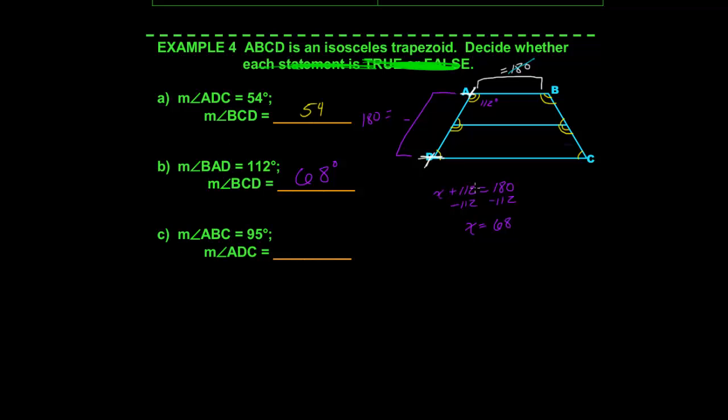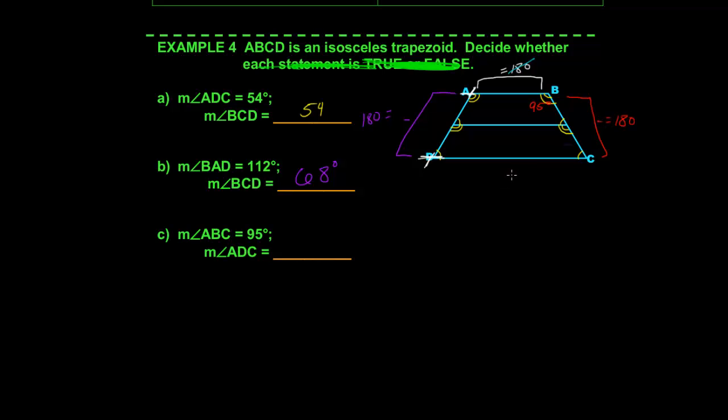Alright, let's look at our last one real quickly. It tells us the measure of ABC is 95. What is ADC? We can solve that the exact same way. We know that these two right here will equal 180.